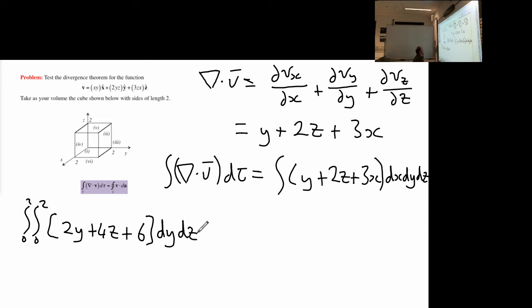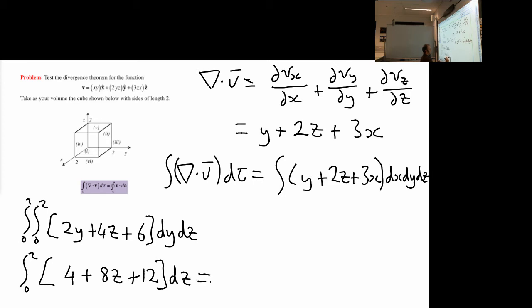Then we integrate with respect to y, so now we're left with 0 to 2. Integrating with respect to y, we get 2y squared over 2, so we'll have 4, plus 4yz, so this will be 8z, plus 6y, which would be 12.